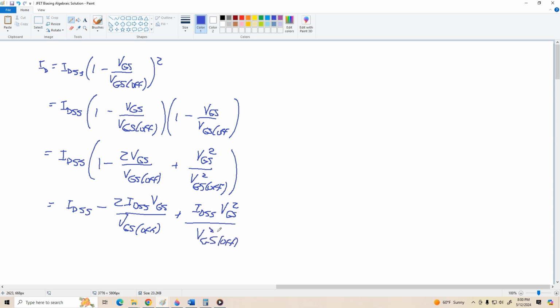And the next thing I want to do is make the substitution VGS equals negative ID times RS. And for every occurrence of VGS here, I'm going to substitute this in.